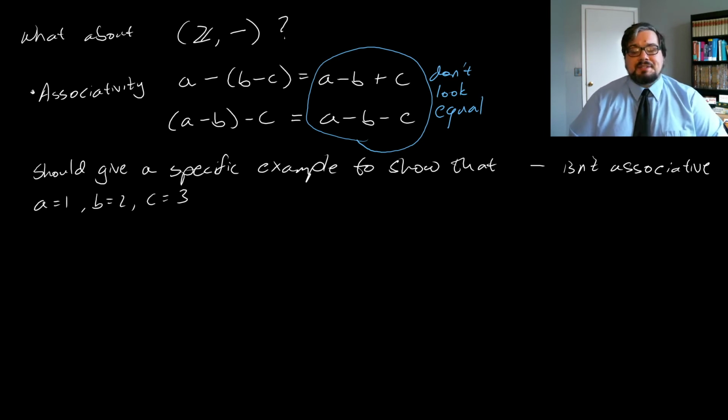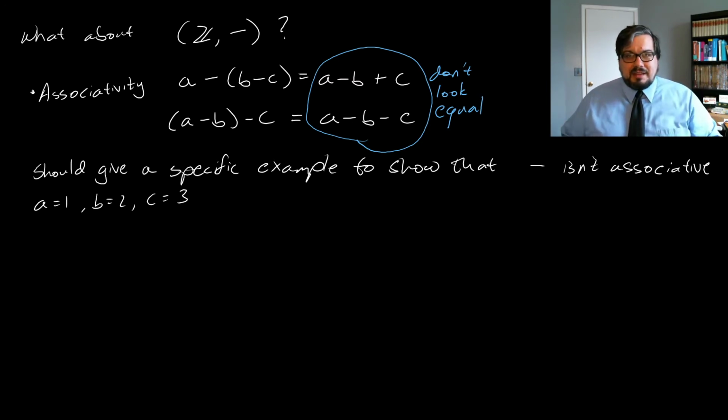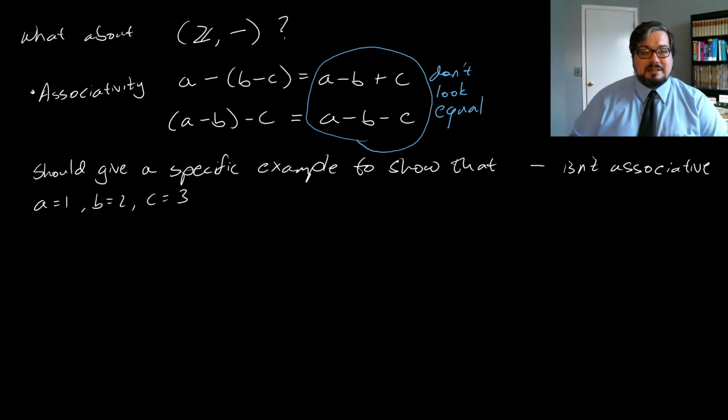And we can just try this. Generally, if an operation is not associative, you will usually be able to recognize that by just picking three random elements. Usually, if an operation fails to be associative, it fails to be associative almost everywhere. And in fact, any three integers that you pick will show that subtraction is not associative unless c is 0. So as long as c is not 0, any three numbers that you pick will prove that subtraction is not associative.